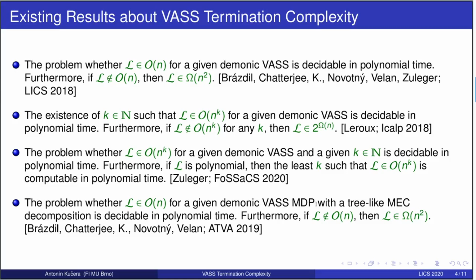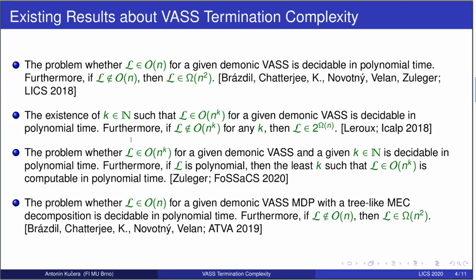So a demonic VASS MDP is a VASS where every control state is either stochastic or demonic. And the result says that the linearity of the termination complexity for demonic VASS MDPs with a tree-like MEC decomposition is decidable in polynomial time. And if the termination complexity is not linear, then it is at least quadratic.